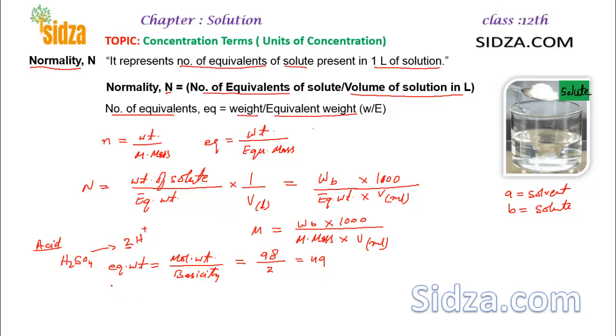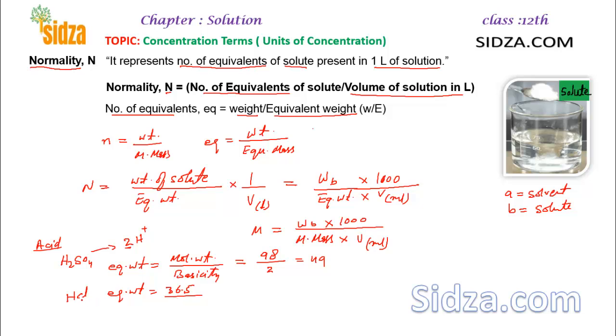Correct? If you take an example of HCl, hydrochloric acid, the equivalent weight will be equal to its molecular weight, which is 36.5, divided by the basicity.